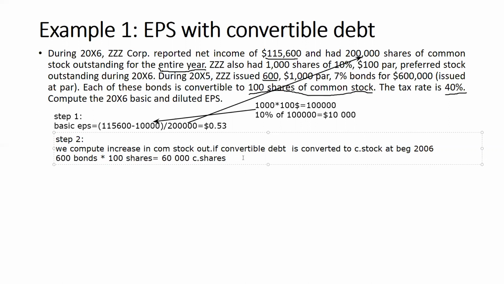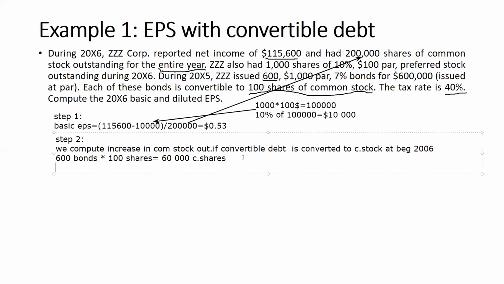Then the second thing we need to find out is the amount that will affect our income. We know that there is a bond. If it was not converted, then we have to pay the interest. However, if it is converted, we add that interest back, but after the tax payment.